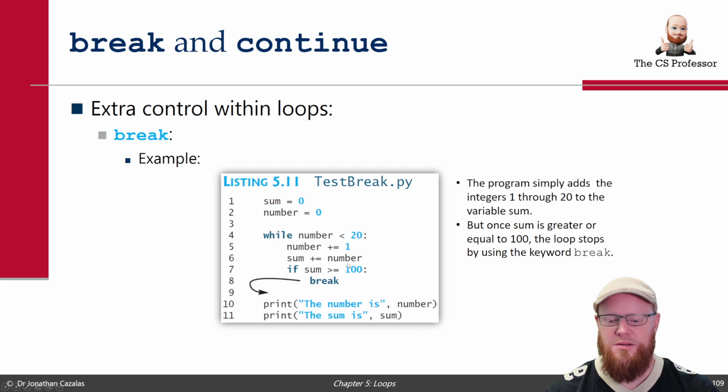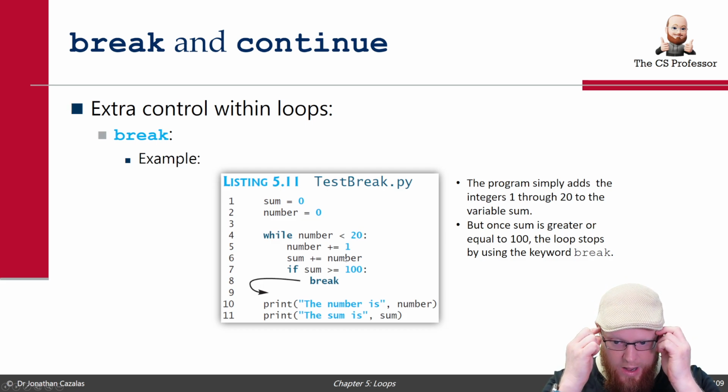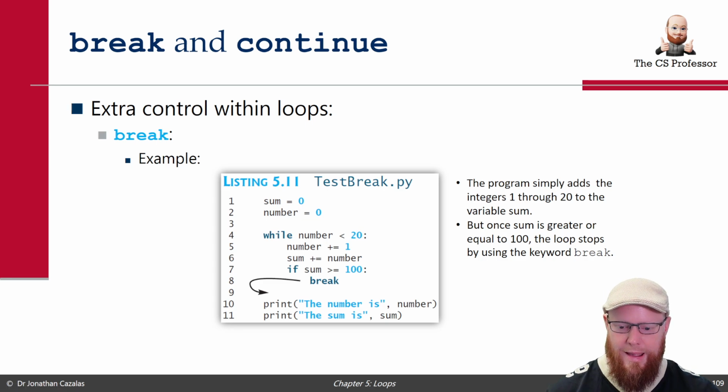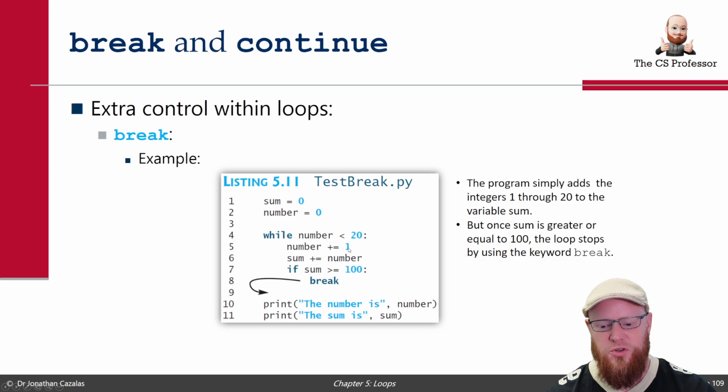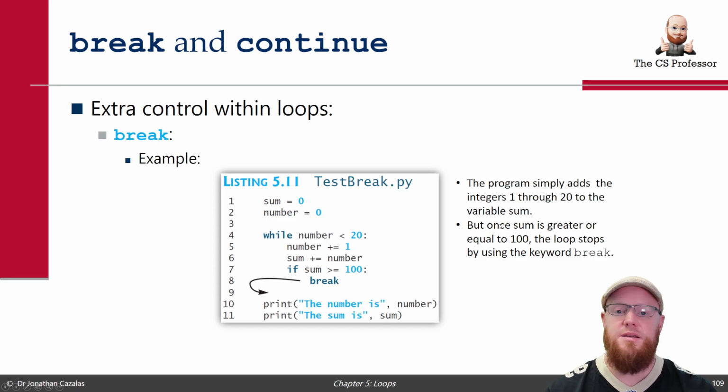We're then going to take whatever's in number and add it to our sum. And we're basically going to keep doing that over and over again. Adding 1 to number, now number becomes 2, adding that to sum. Add 1, number becomes 3, adding that to sum. So we're basically going to sum the numbers from 1 through 20 and add that result into the variable sum.